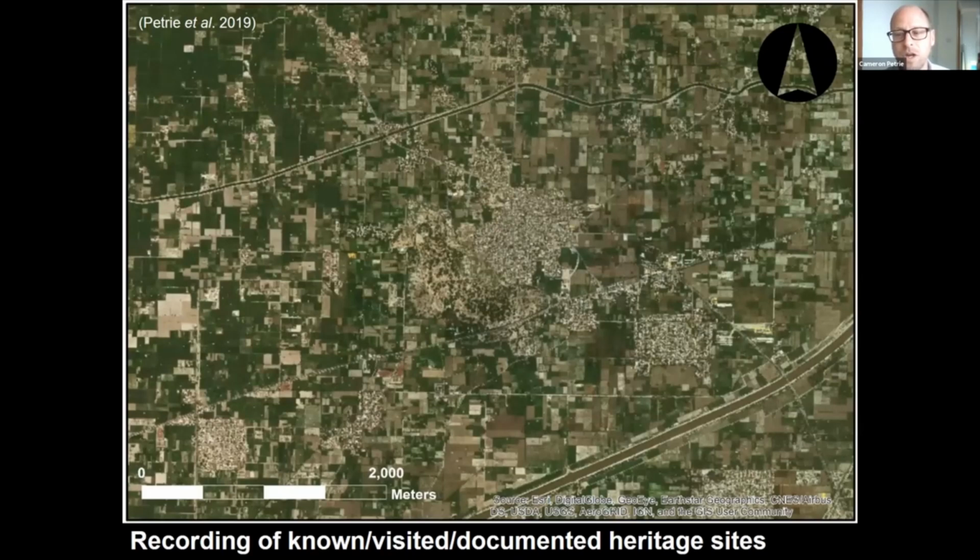And if you look closely, you can probably see areas where the mounds actually sit, but many elements of the landscape that were visible in the early part of the 20th century are no longer visible in the satellite imagery, or at least no longer easily visible in the satellite imagery.